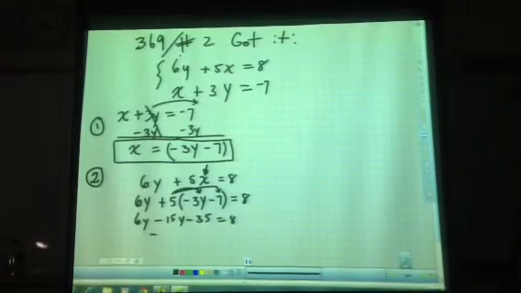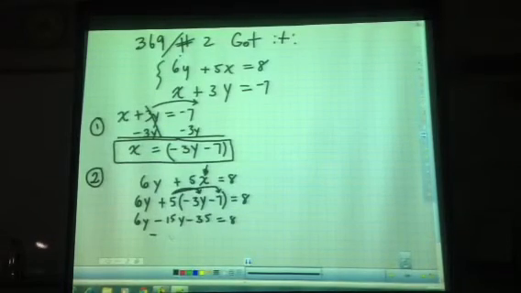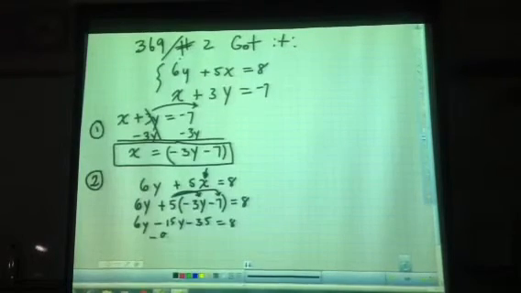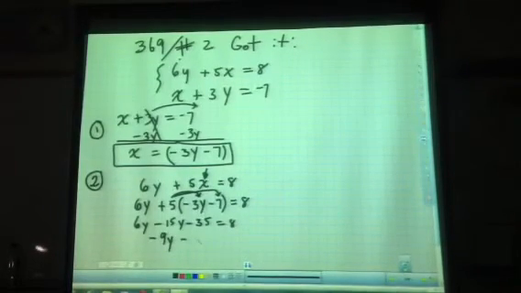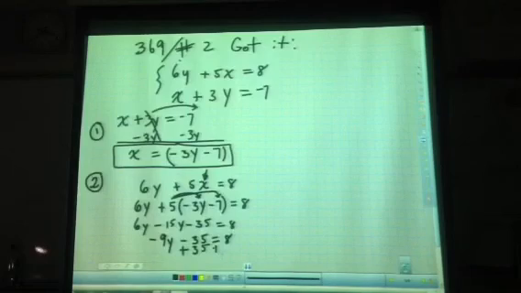Anybody? 6 minus 15? Very good. That's going to be negative 9y minus 35 equals 8. Add your 35.